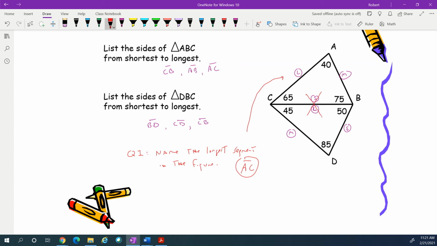The shortest is BD. The two others are somewhere in between, but right now we would have to do a little extra work to compare them. We certainly can make that comparison. But the point here is the shared segment, if it's labeled different things, it kind of cancels itself out.